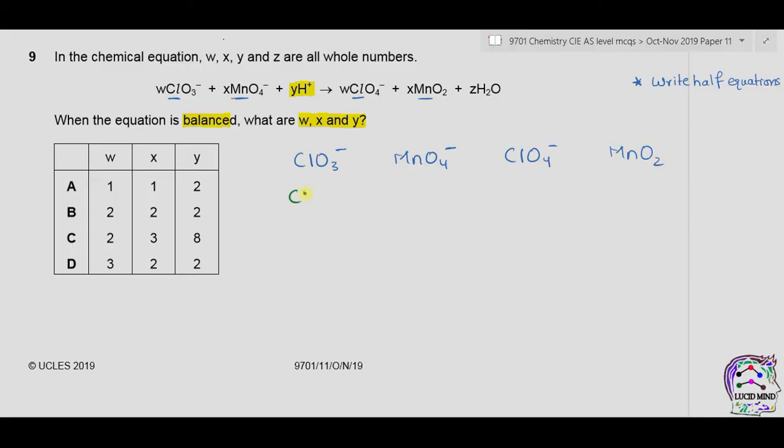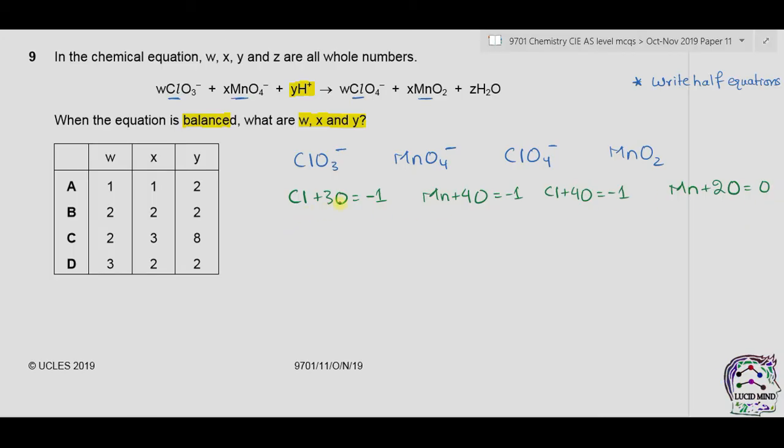So we have 1 chlorine atom, 3 oxygen atoms, and overall charge is -1. We have 1 Mn, 4 oxygen atoms, and overall charge is -1. For ClO4, we have 1 chlorine atom, 4 oxygen atoms, and overall charge is -1. Similarly, for MnO2, we have 1 Mn, 2 oxygen atoms, and overall charge is 0.